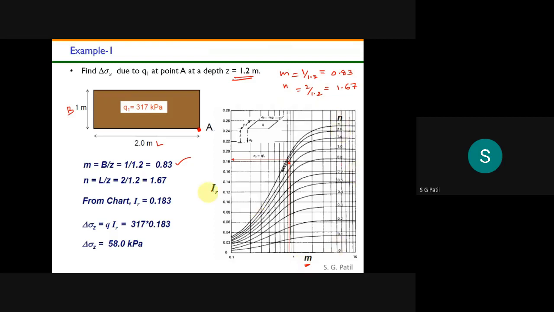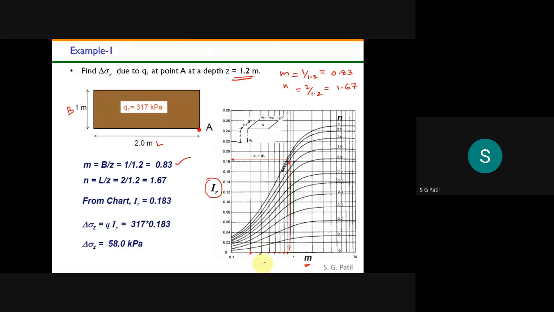I have to find out the influence factor. So for m equal to 0.83, where is my 0.83? 0.1, 0.2, 0.3, 0.4, 0.5, 0.6, 0.7, 0.8. So this is 0.83, somewhere here. You follow this red line.